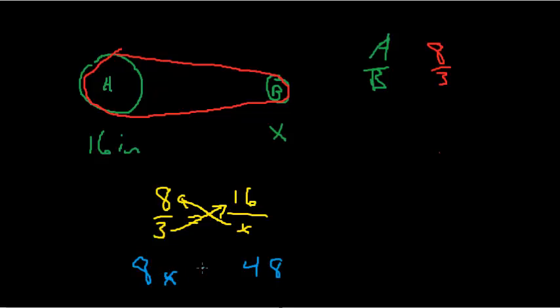So 8x has to equal 48, or x is the same as 48 divided by 8, which is 6. So that unknown is 6, or in this case, the diameter of my smaller pulley B is 6 inches. So x equals 6 inches.